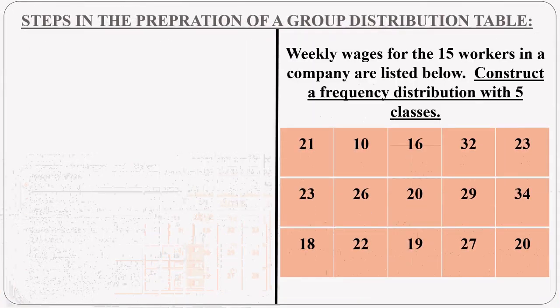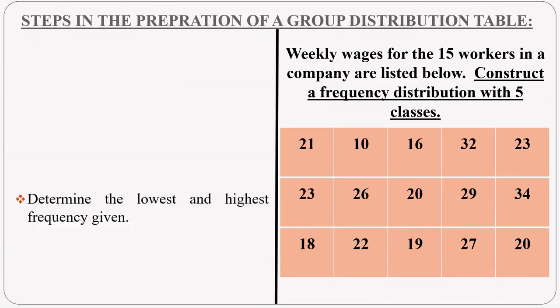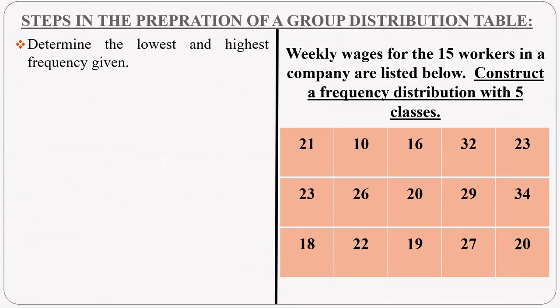Now, step number 1 for this problem. What you are seeing on the right side is the same problem I showed earlier in my slide. What is the step we need to do? We need to take the lowest value and highest value. Now, look at the problem. The lowest value is 10.